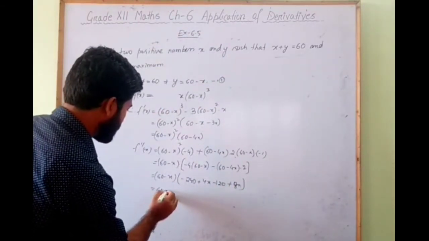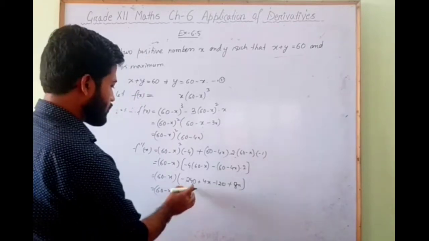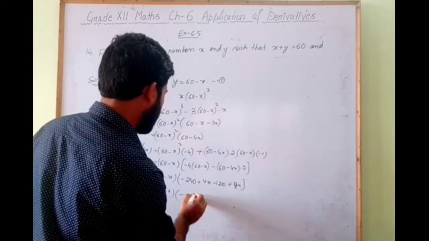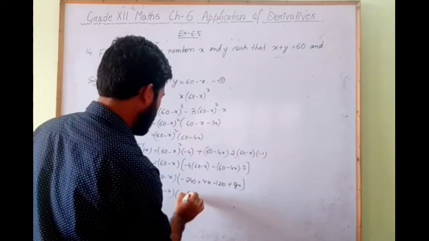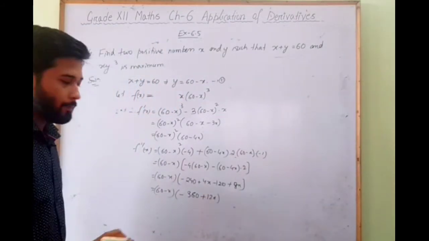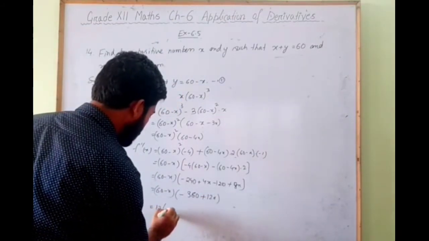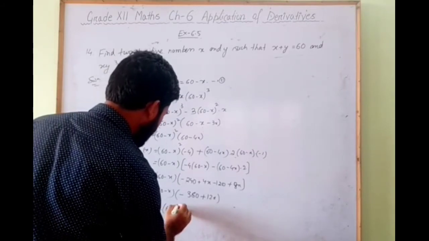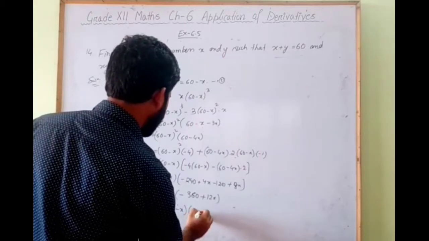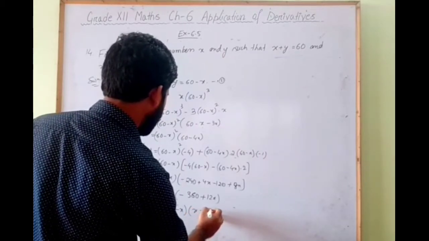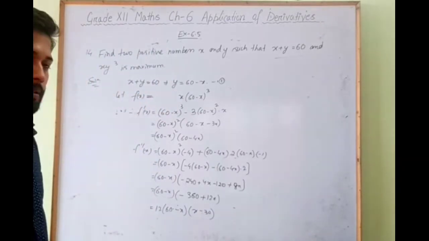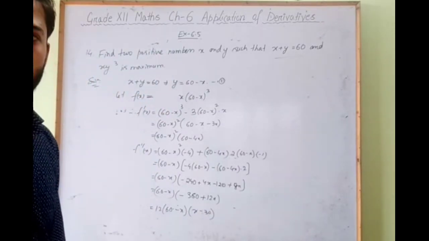This will give us 60 minus x into 240, minus, it is a minus again, so minus 4 into 6, 360 plus 12x. Fine. Now if I take the 12 out, I shall have 60 minus x into x minus 30. So we have got f double dash x is equal to this.